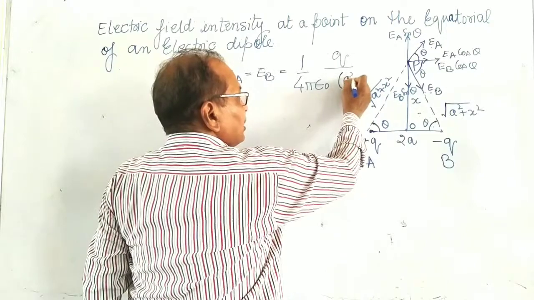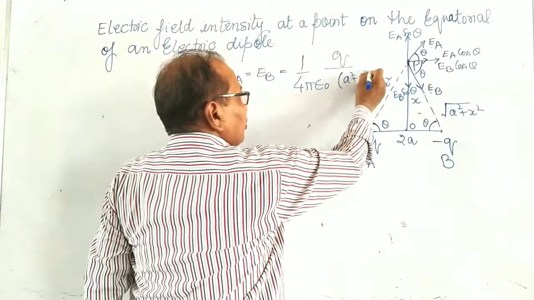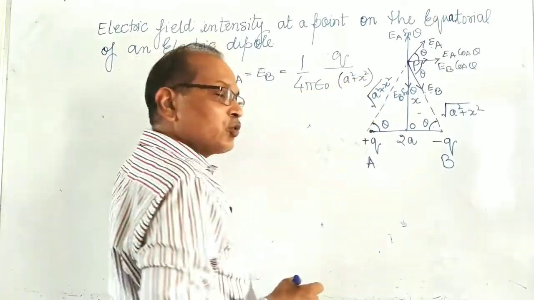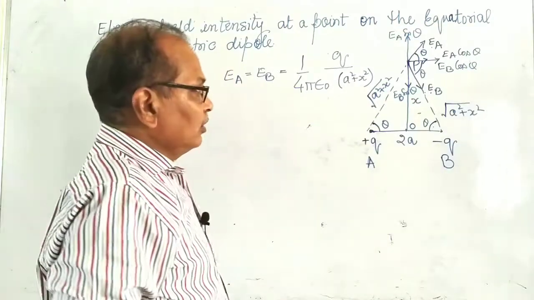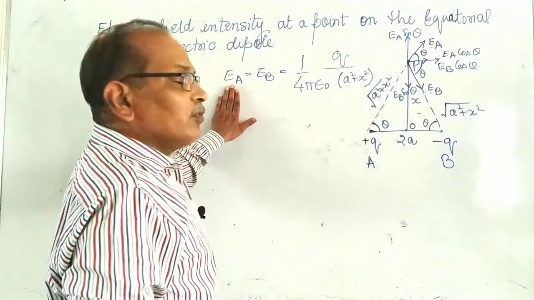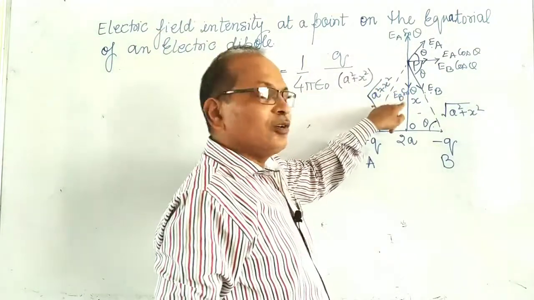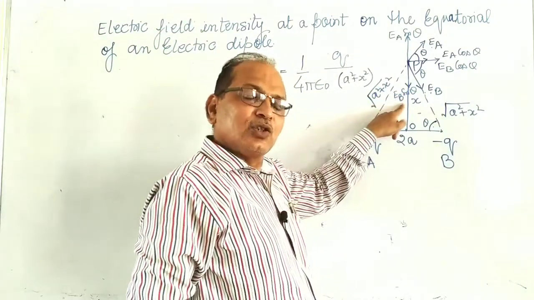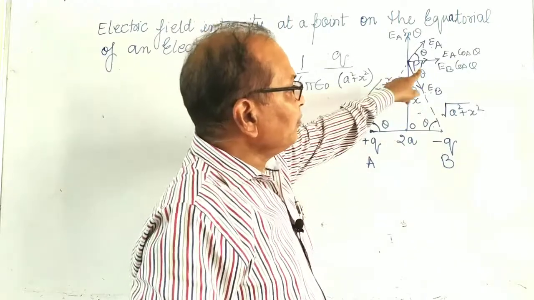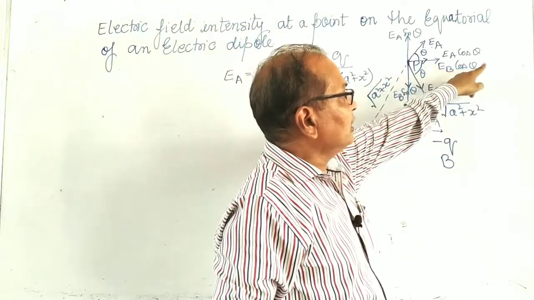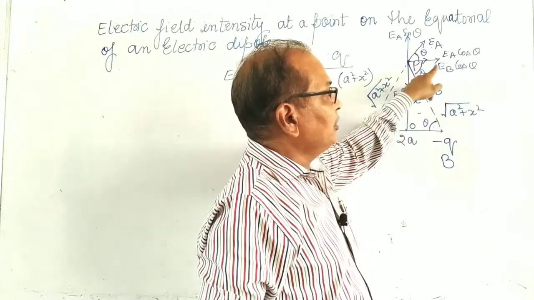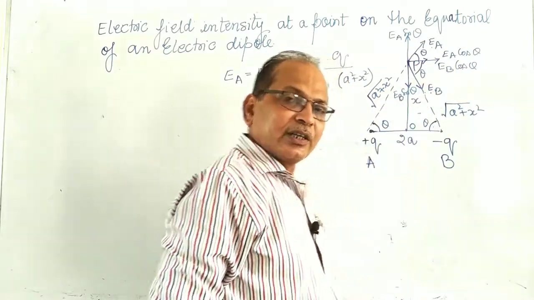So it will be a square plus x square only. It is square, so under root will not be here. This is the value of EA and EB. So these components will cancel out and the resultant is 0. The remaining component is only EA cos theta in this direction and EB cos theta is also in this direction.